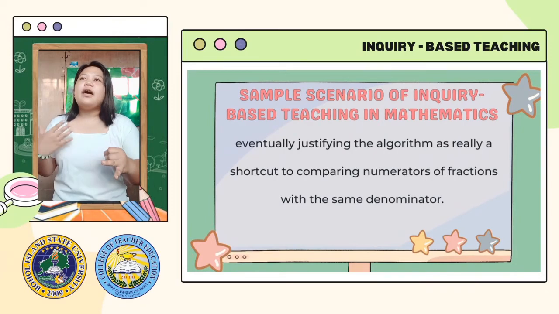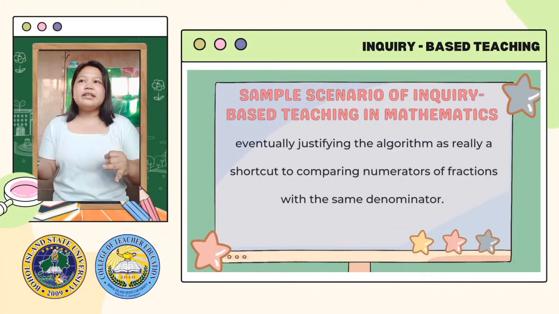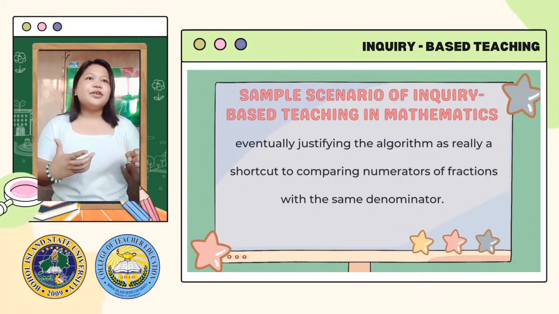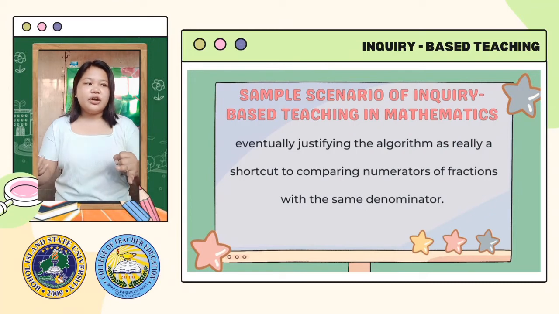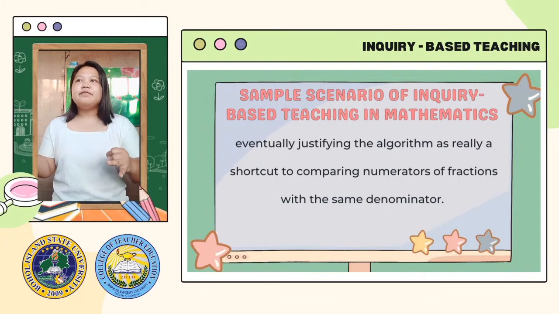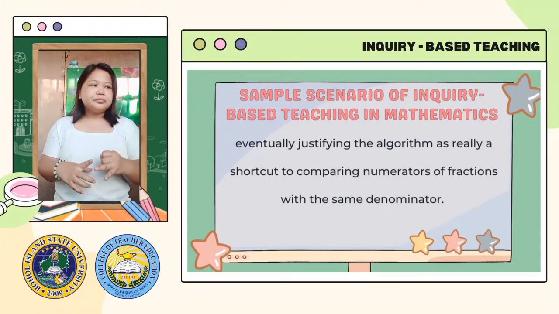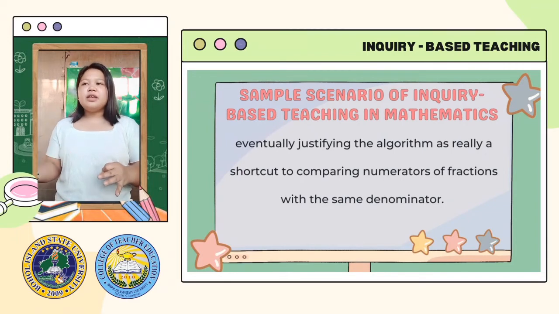So how they were able to gather ideas or relevant information regarding the concept that they are studying, no? On the comparison of fractions. So how relevant is the algorithm for that, no? And then they explain. So why did it happen? Why does an algorithm for comparing fractions work?